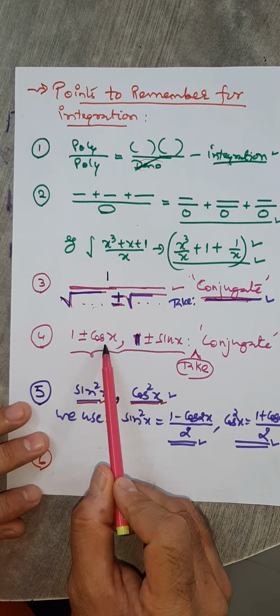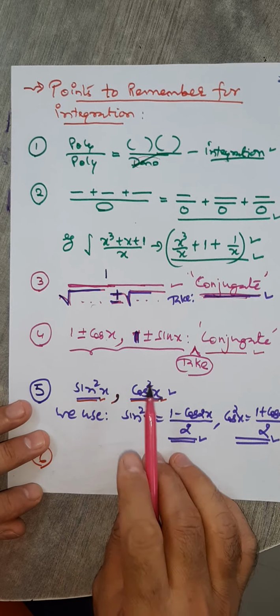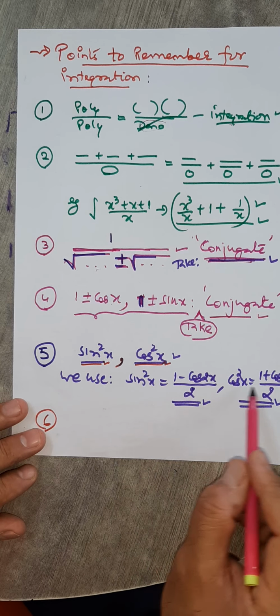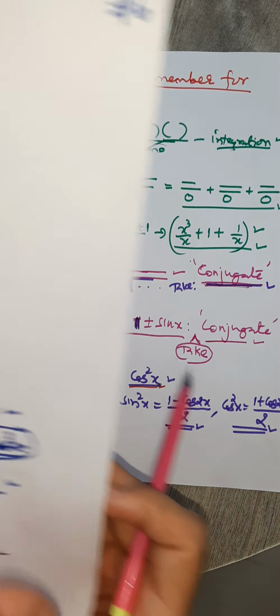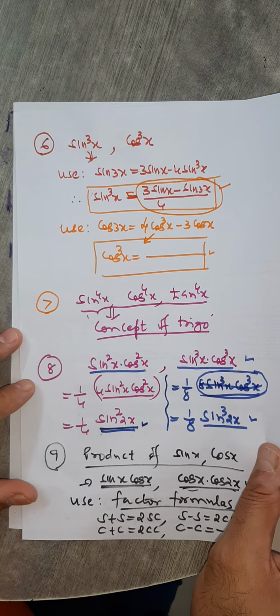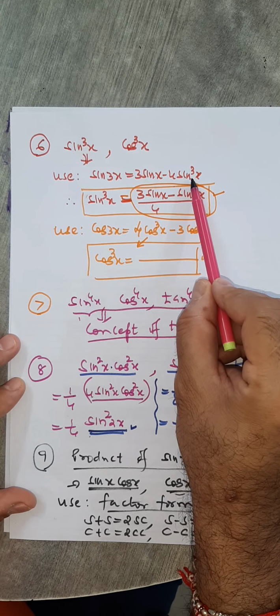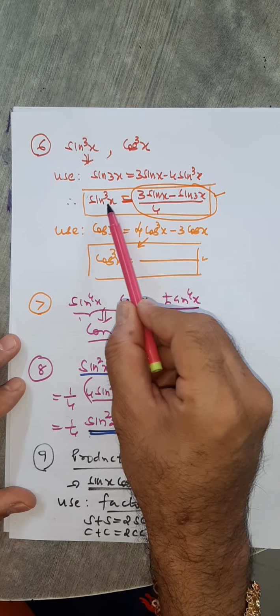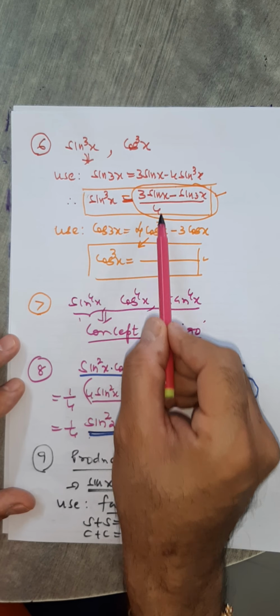If you have 1 plus or minus cos, 1 plus or minus sin, take the conjugate. If you have sine square or cos square, use these double angle formulas. Point number 6, if you have sine cube and cos cube, use the formula for sine 3x. You know 3 sine x minus 4 sine cube, and make sine x the subject of the expression. So interchange these two and you have this.